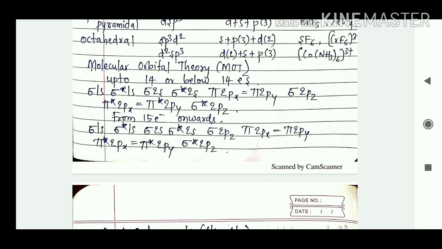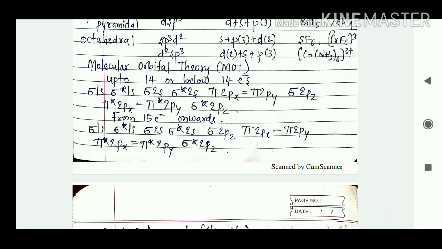So: sigma 1s, sigma star 1s, sigma 2s, sigma star 2s, pi 2px which equals pi 2py, then sigma 2pz, pi star 2px, pi star 2py, sigma star 2pz.